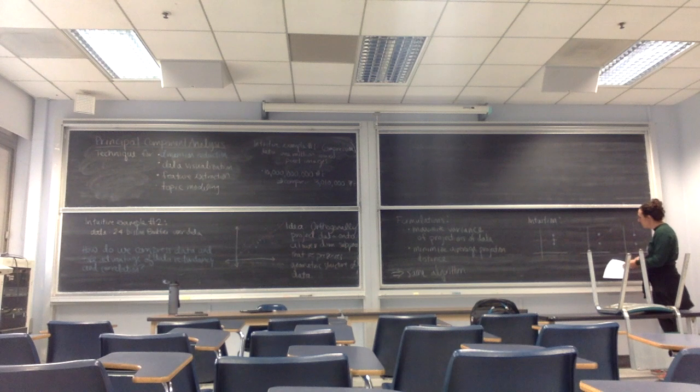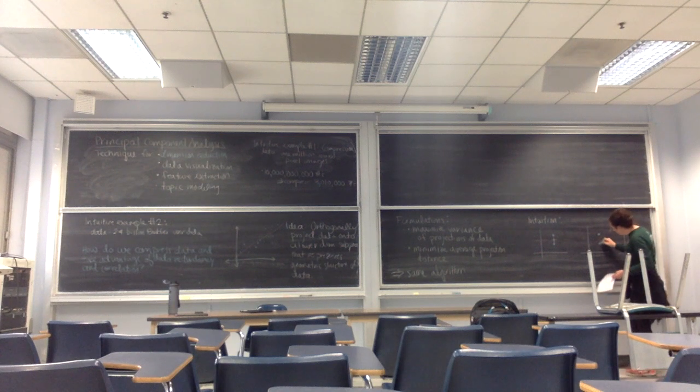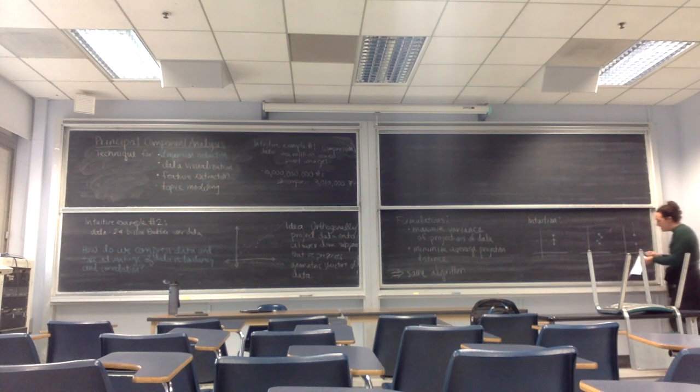Orthogonally projecting onto this line, we get these two data points. Right? And then finally, orthogonally projecting onto this red line, we get data points that are the same, right? We don't change the data points at all.